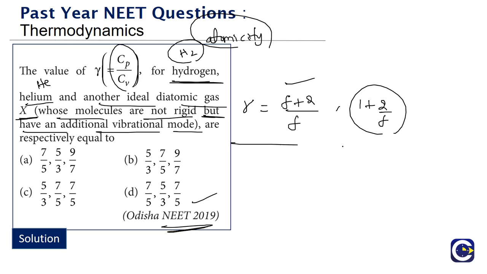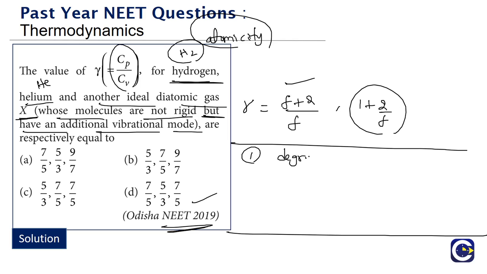As per the principle of equipartition of energy, for every 1 degree of freedom, the energy for that particle will be half times kT, where k is the Boltzmann constant, for one particle of the gas. For 1 degree of freedom, it will be equal to half into kT. This is the result that comes from the principle of equipartition of energy.